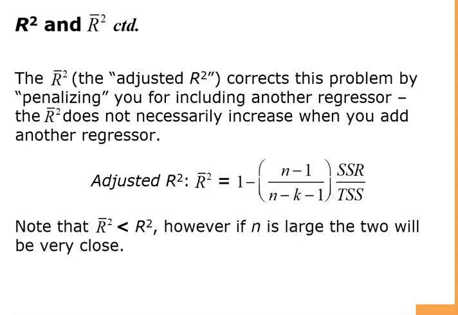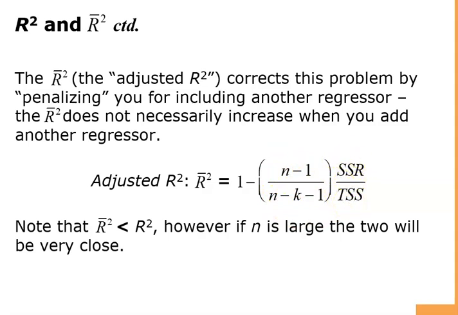So how does it do that? It basically adds this fraction to the calculation of adjusted R square. Previously for R square we had 1 minus SSR over TSS. Now for the adjusted R square we have 1 minus this fraction, n minus 1 over n minus k minus 1, multiplied by SSR over TSS.